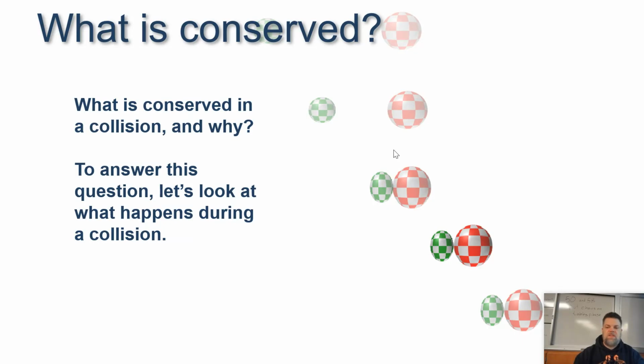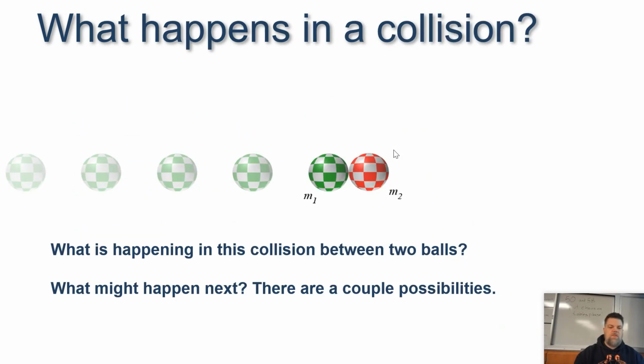To figure this out, does everybody have that question written down yet? Okay. So to figure this out, what's happening? We've got two balls here. They collide into each other. What might happen next? Well, there are a couple of possibilities. So shout out what you think the possibilities are.